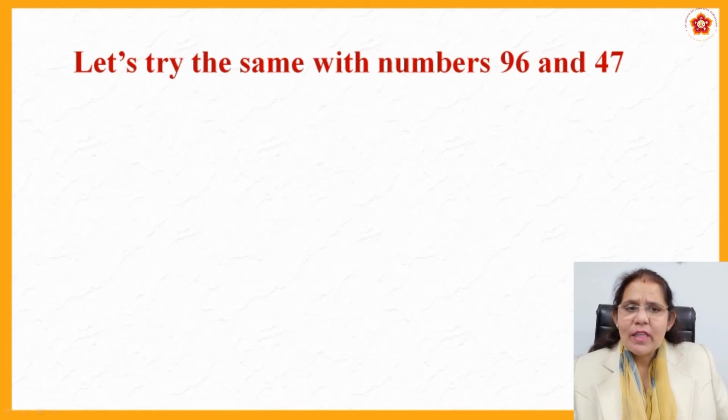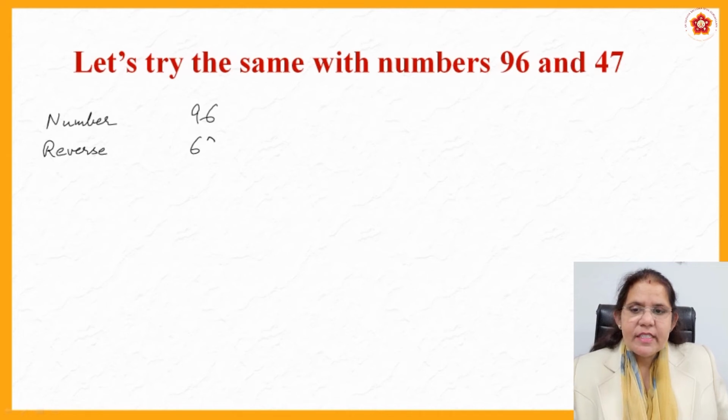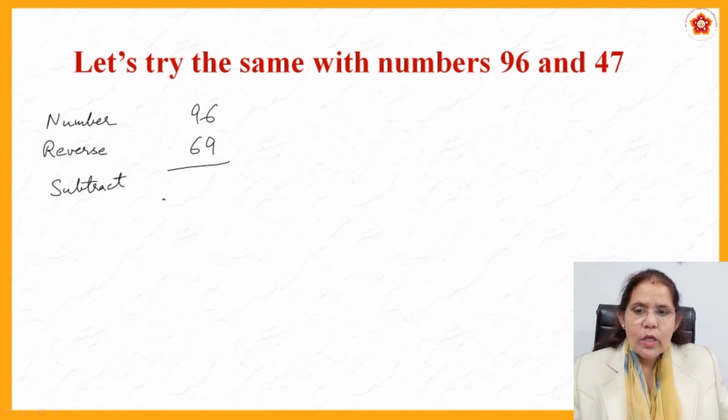Let's try the same with numbers 96 and 47. So the number given is 96. Reverse the digits, we get 69. Then subtract. On subtracting, we get 96 minus 69.